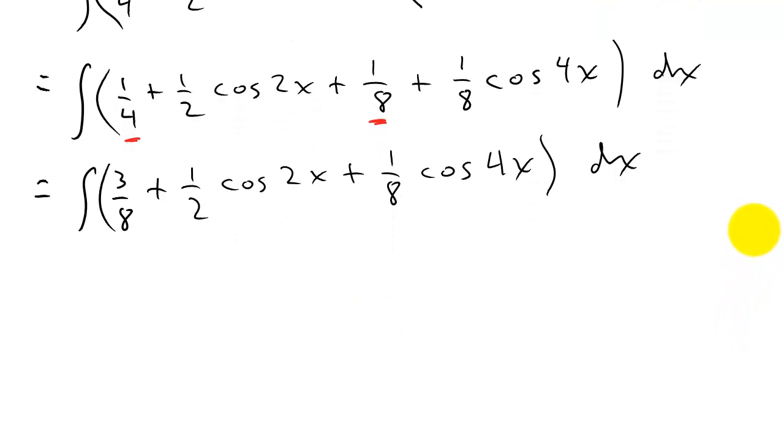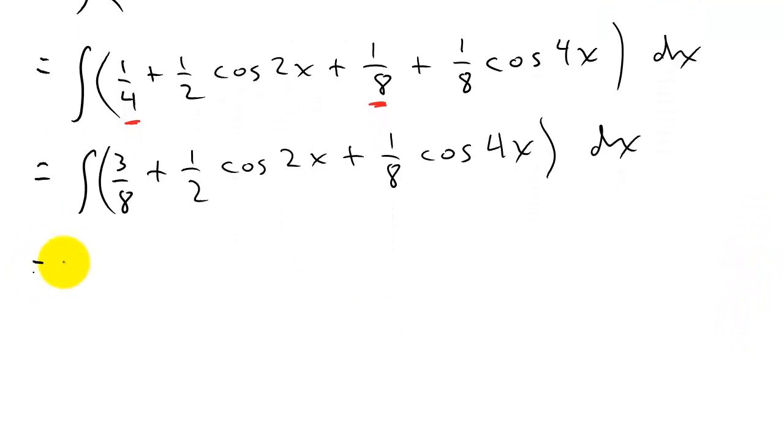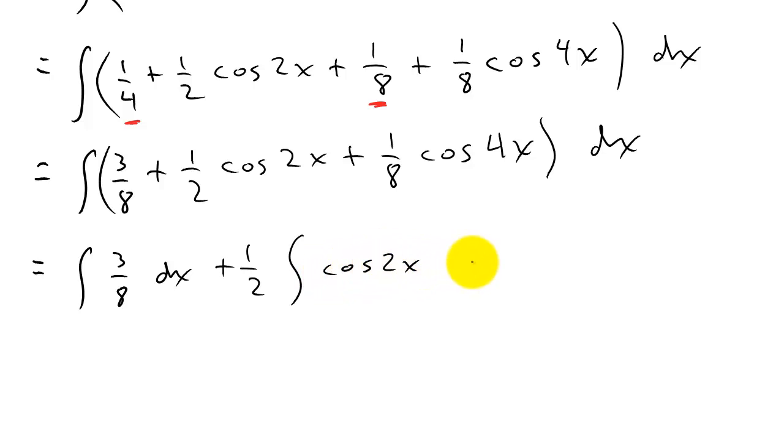So what I'm going to do here is split them up. So that's going to be the integral of 3/8 dx plus 1/2 cosine 2x dx plus 1/8 cosine 4x dx.